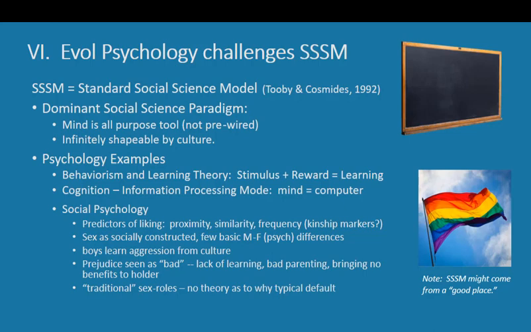One quick side note, again, gesturing to the values dimension, it might be that in many cases that standard social science model thinking comes from what we might consider a good place.